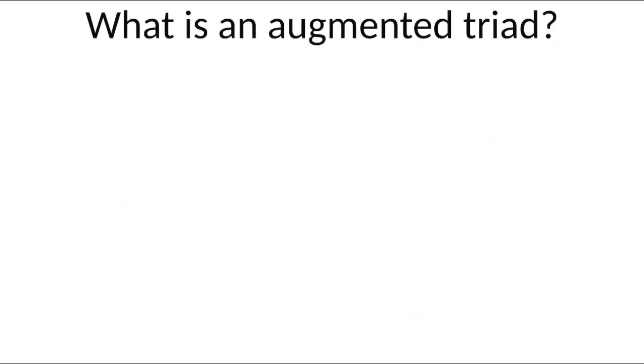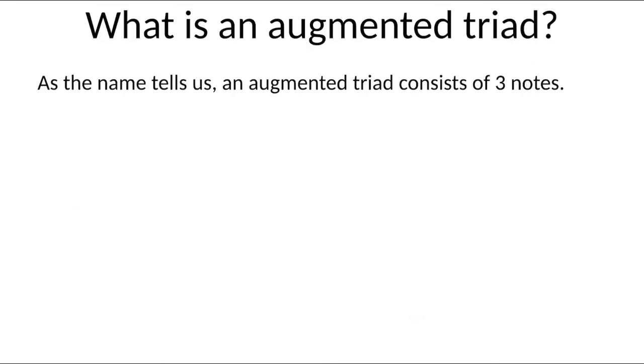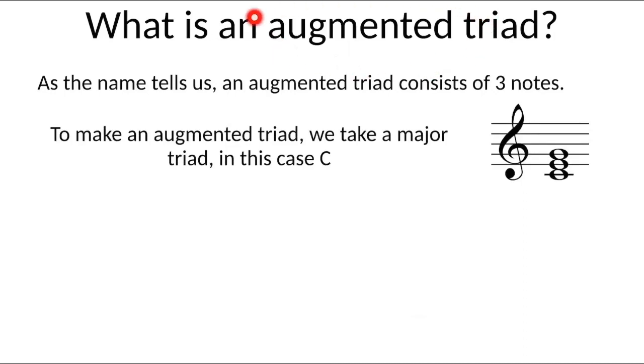Augmented triad. So an augmented triad, a chord of 3 notes. If we augment something, we make it bigger. And what we're talking about in the case of chords which are augmented is that the intervals are increased.